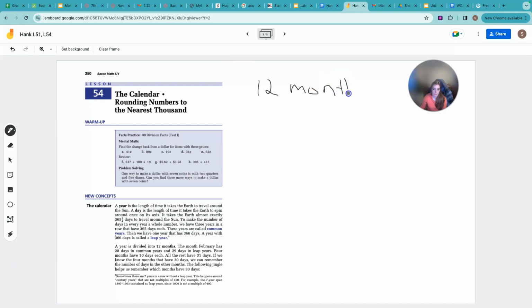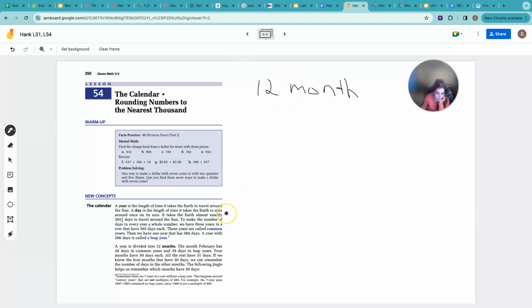A year is the length of time it takes the Earth to travel around the sun, right? So each year, Earth goes around the sun. That's how we determine that it's been a year. It's about 365 days in a year. A day is the length of time that it takes the Earth to spin once on its axis.